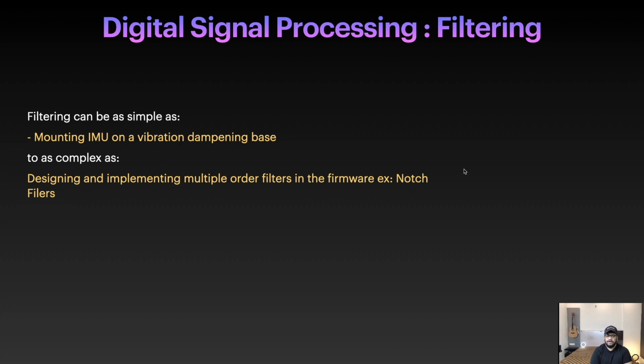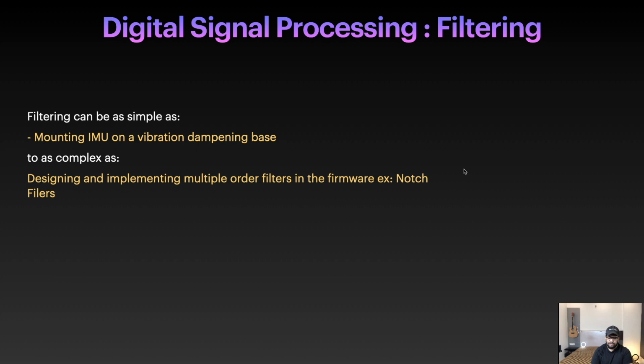You need to ultimately reduce the vibrations coming into your system, because as I mentioned, even small motion can generate values in the system which you don't want. So you can mount your flight controller, since the IMU is on your flight controller, on a vibration dampening system, so it isn't affected if there are vibrations coming into the system.